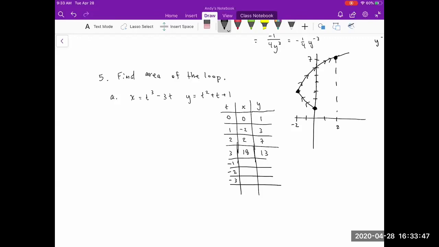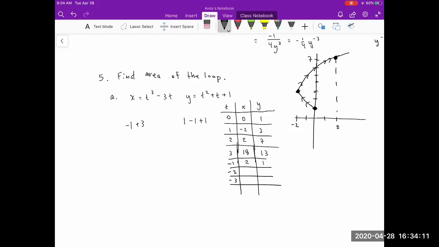So when t is equal to -1, for x, what do we get? Let's see, -1 cubed is -1. Should be -2. And -1 times -3 is +3, so it's going to be +2. Oh, 2, okay. And for y, -1 squared is +1, -1 plus 1 is going to be +1 there. So that's a new point.